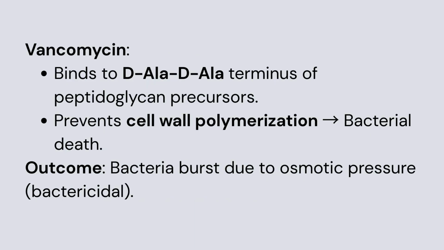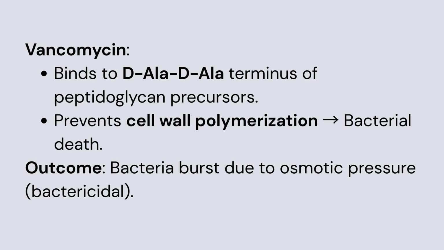pressure. Another antibiotic, vancomycin, also works by inhibiting cell wall synthesis but through a different mechanism. In bacteria, the peptidoglycan cell wall is made up of sugar chains, that is NAM and NAG, N-acetyl-muramic acid and N-acetyl-glucosamine, linked to short peptide chains. At the end of these peptide chains, there are two D-alanine amino acids joined together.